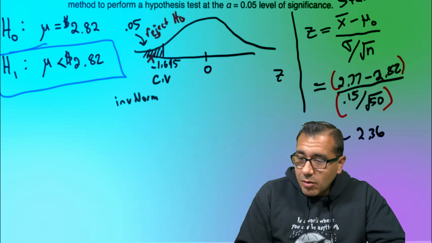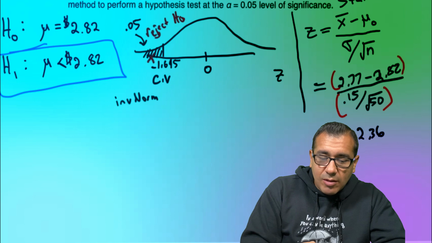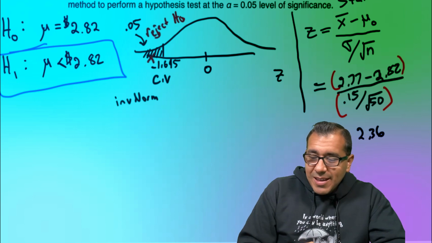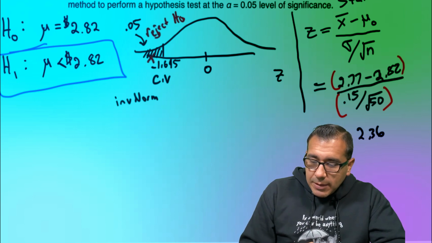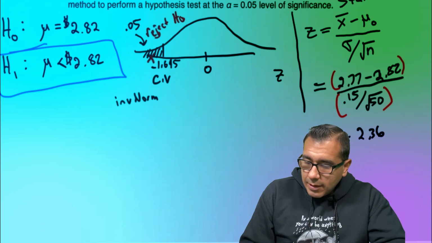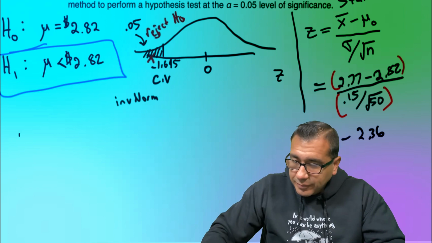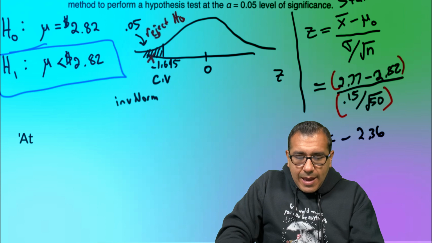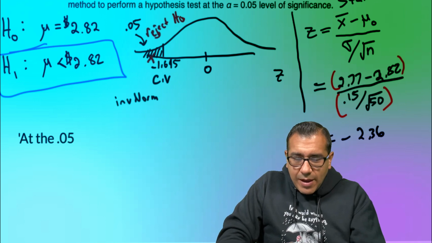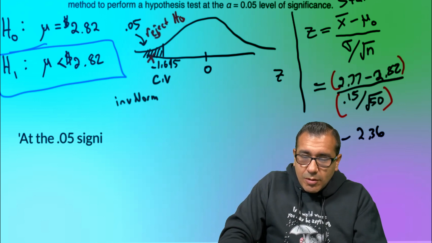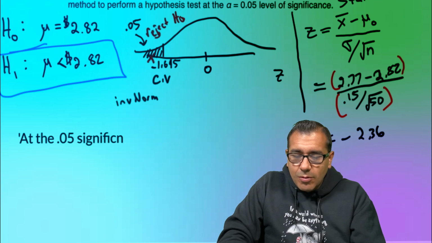Let's go ahead and type it up, because a lot of us, as we're learning this, struggle with the language. So at the 0.05 significance level, you always want to tell your audience what that level was, how significant it is.